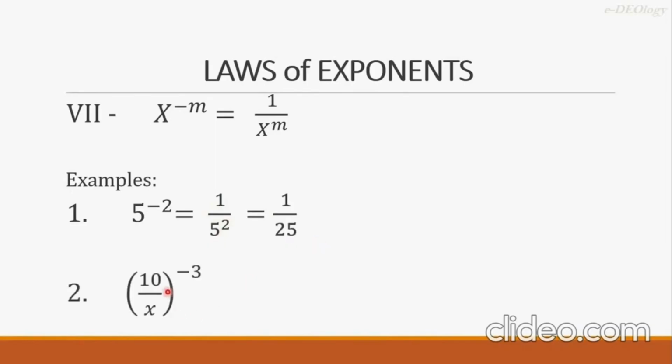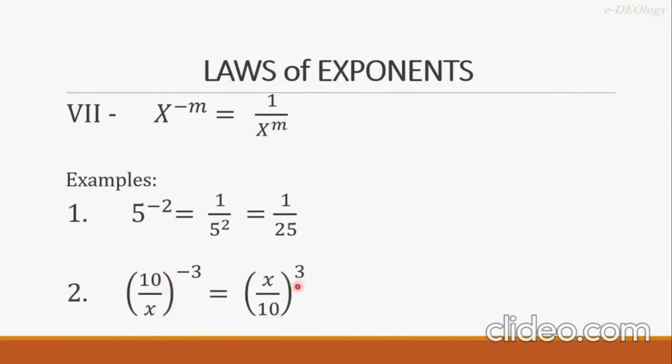Another example is when we have a fraction 10 over x and this is raised to a negative 3. For a fraction, we can make this negative to be positive by simply interchanging the position, or reversing the position, of the numerator and denominator. As we see here, the x goes up, the 10 comes down as denominator, and look at the power.